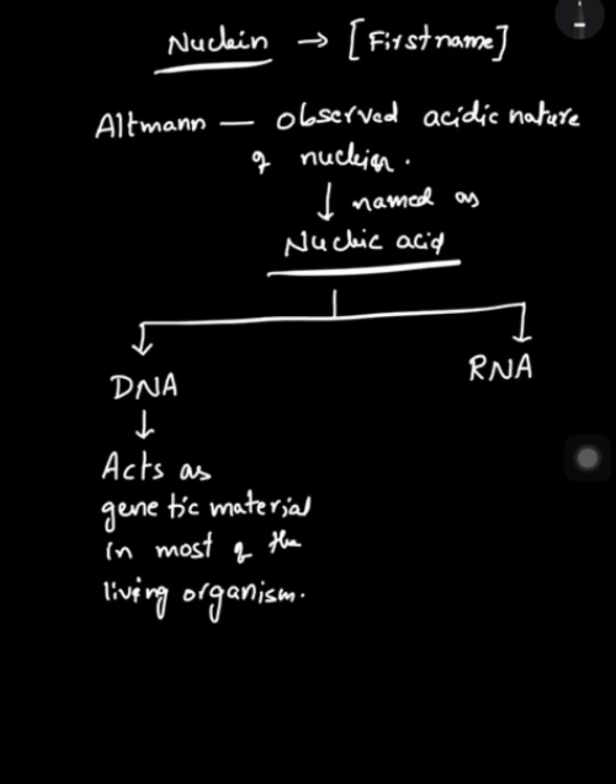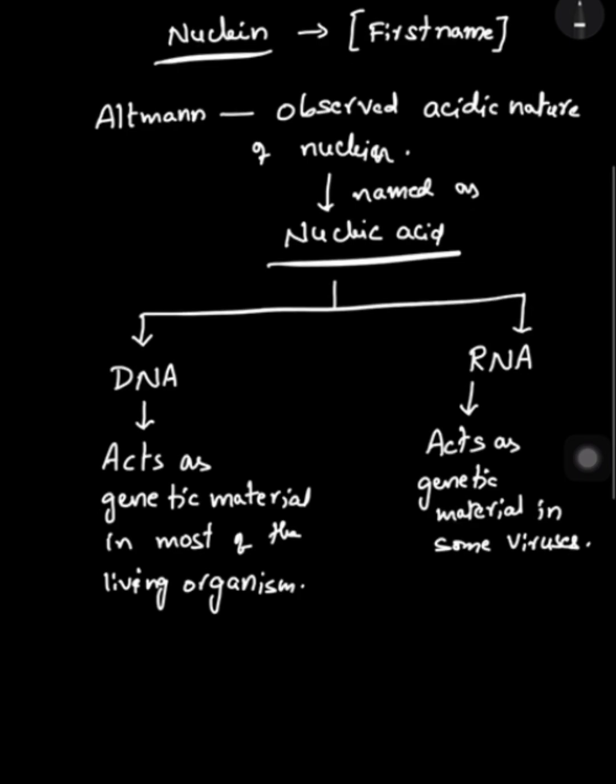Some viruses are having RNA as the genetic material. Of course, viruses are not living organisms. They are just living particles. RNA acts as genetic material in some viruses, but not in living organisms. It is present in living organisms, but it does not act as genetic material in living organisms.